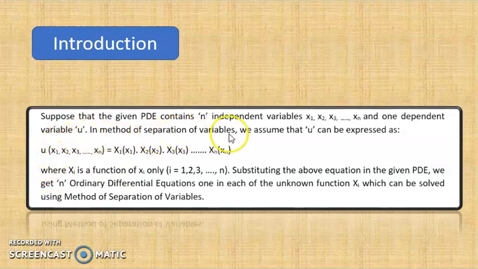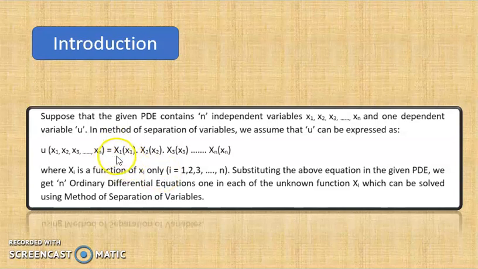In method of separation of variables, we assume that the dependent variable u can be expressed as u of x1, x2, x3, etc., xn equal to X1 of x1 into X2 of x2 into X3 of x3 etc., Xn of xn, where capital Xi is a function of small xi only.